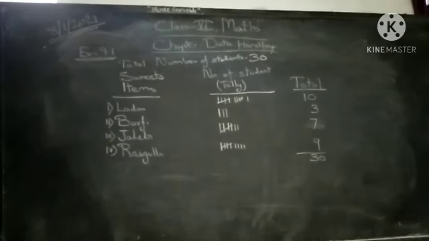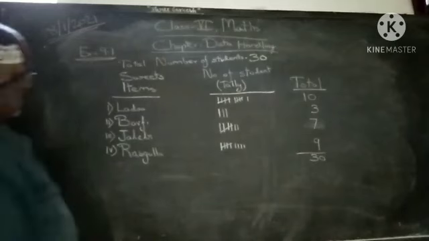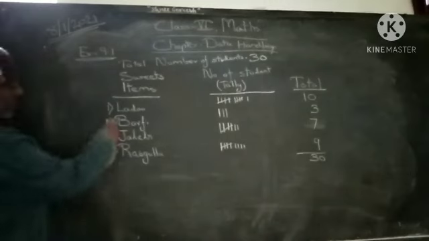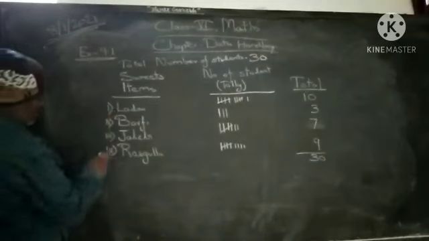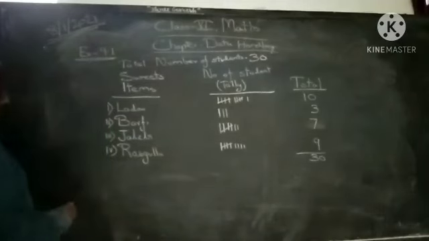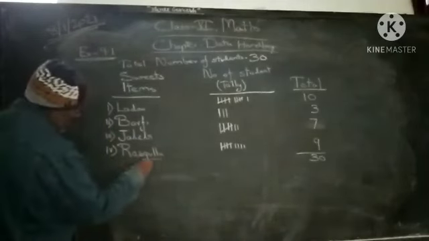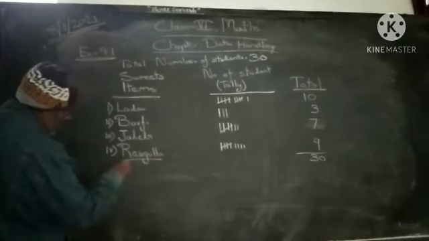And now the question: arrange the names of the sweets in a table using tally marks. You need to arrange the table in decreasing order.